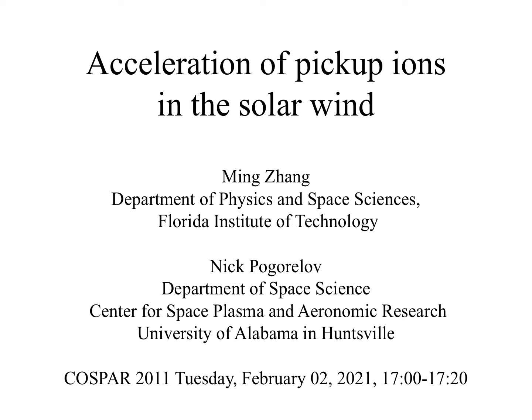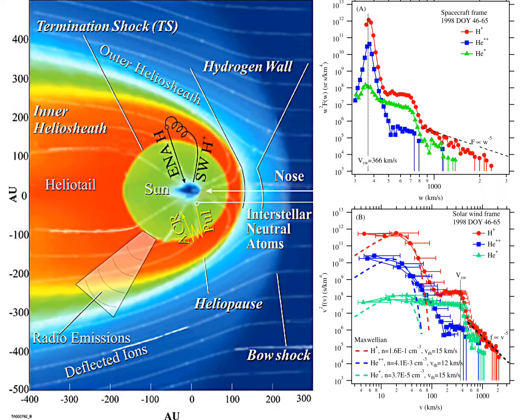I'm going to present a theoretical work on the acceleration mechanism of pickup ions in the solar wind by compressible plasma turbulence. Pickup ions are originally neutral interstellar atoms.